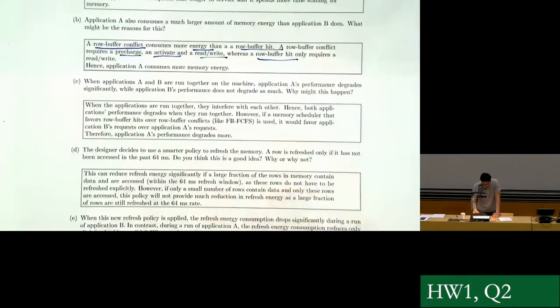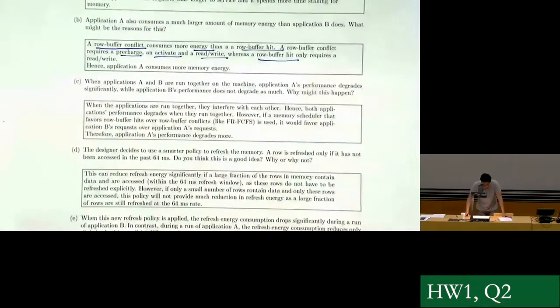And part C, when applications A and B are run together on the machine, application A's performance degrades significantly, while application B's performance does not degrade as much. This is also something that Professor Mutlu explained in one of the first lectures.